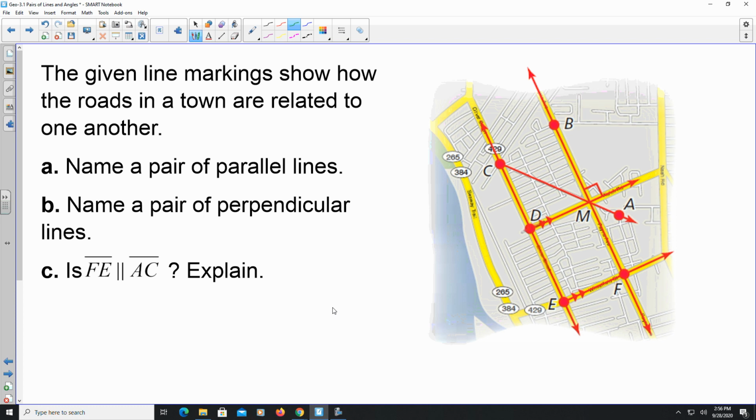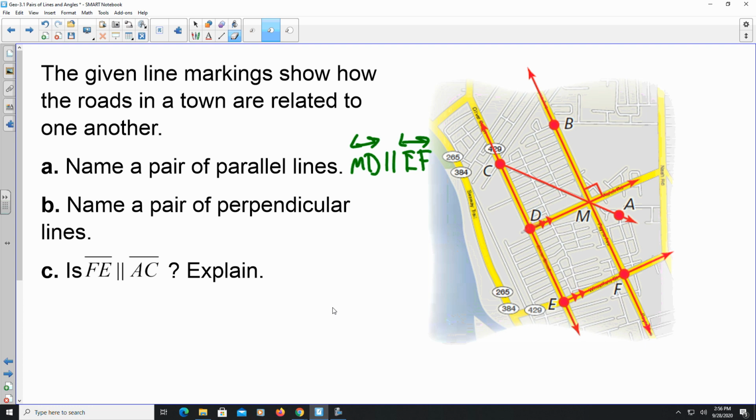So we can say that MD is parallel to EF, because of these two hash marks representing that they are in fact parallel. Are other ones parallel? Maybe, but again, we can't make assumptions on that.